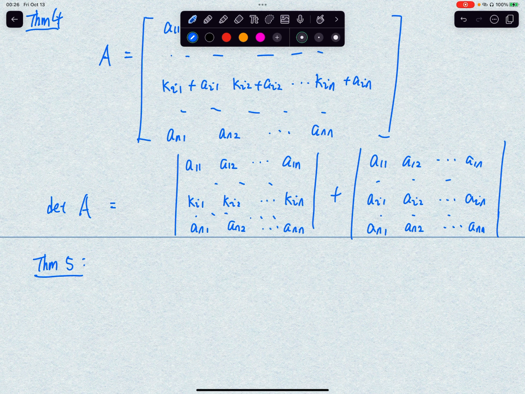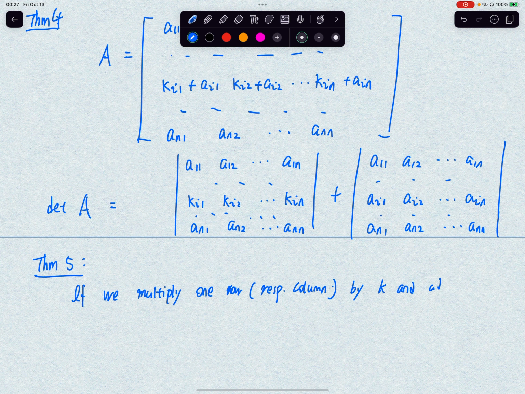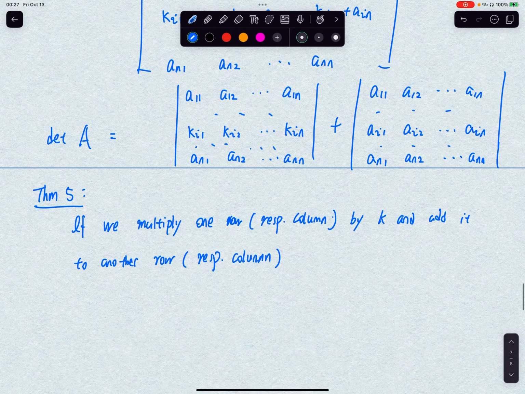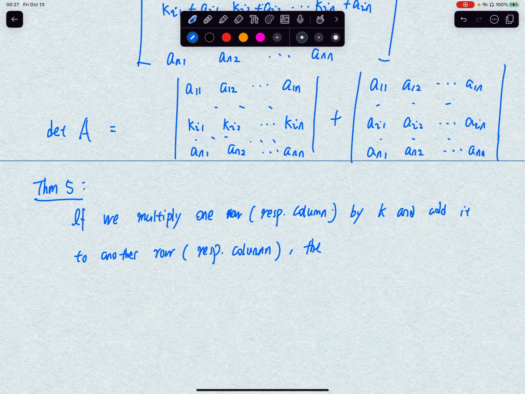So if A is still n by n, and if we multiply one row, respectively column, by k, and add it to another row, respectively column, then the determinant remains unchanged.